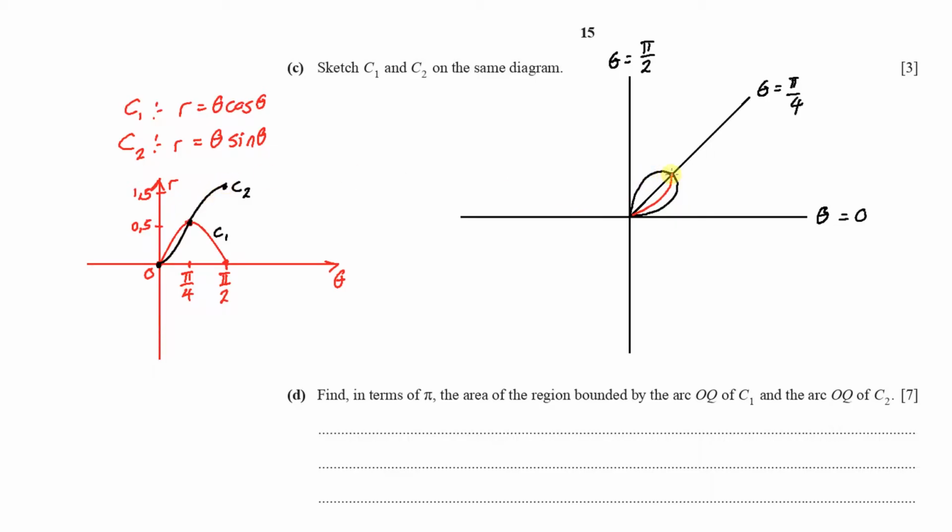So as we approach pi over 2, it's increasing to a value that is 1.57. So this is the other graph. So we now have the two curves. We have one for C1 and this one for C2. And that's how we do it for the two graphs. Let's move on to part D.